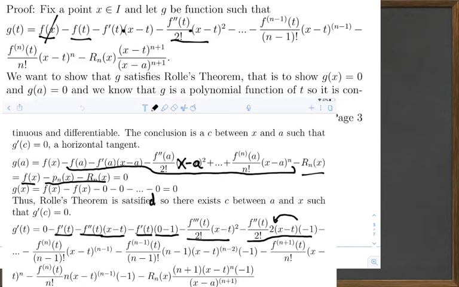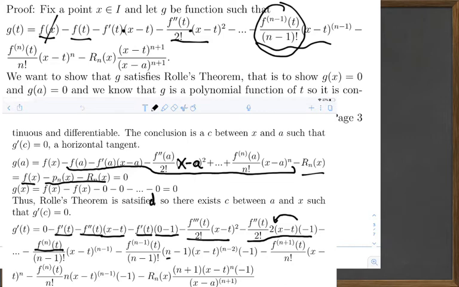Now if we go all the way out to the n minus 1 term right here and take the derivative of that, the n minus 1 derivative at t becomes the nth derivative at t, times x minus t to the n minus 1. Then we leave this alone and multiply by the derivative of x minus t to the n minus 1.